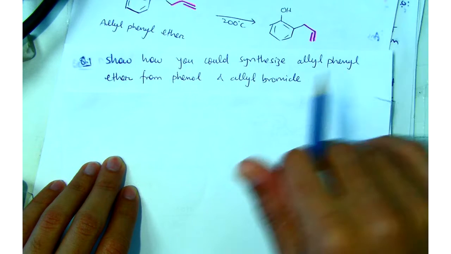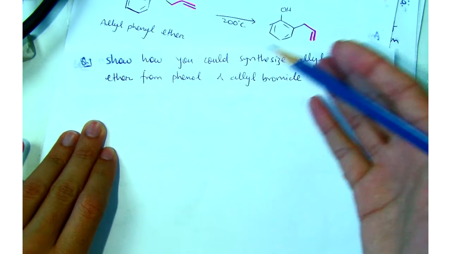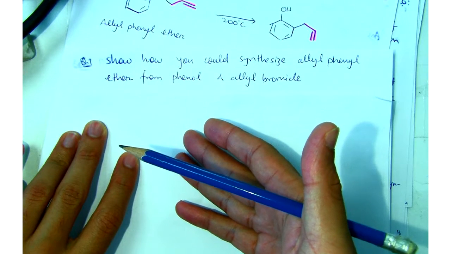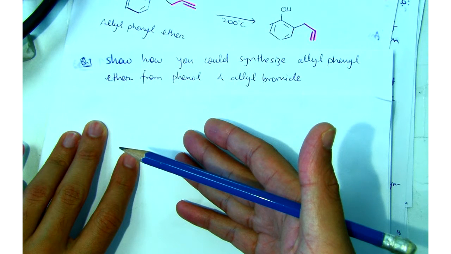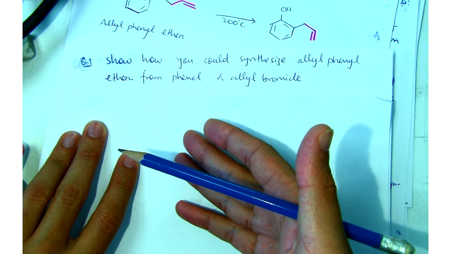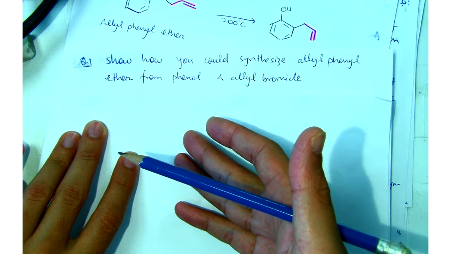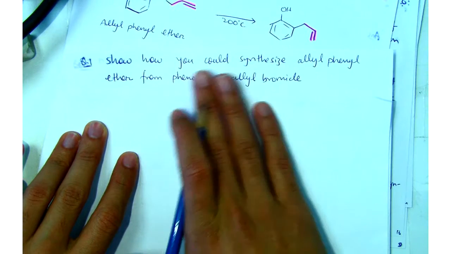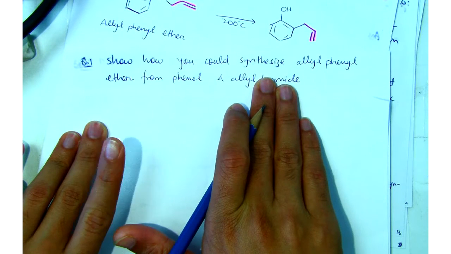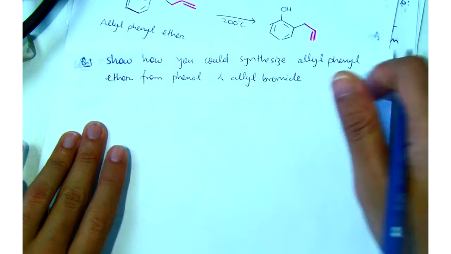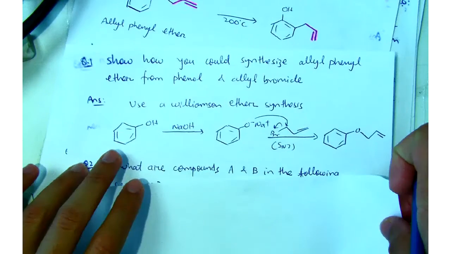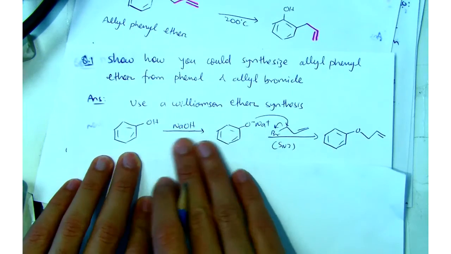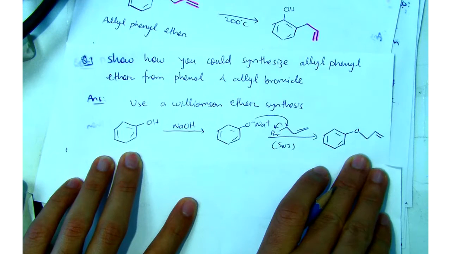So preparation of ether, you can see we can use the method we've just shown. Williamson synthesis. Convert that to O minus and then react that with this. So basically this is what Williamson synthesis is. Convert that to phenoxide and then do SN2. That's how we make ethers.